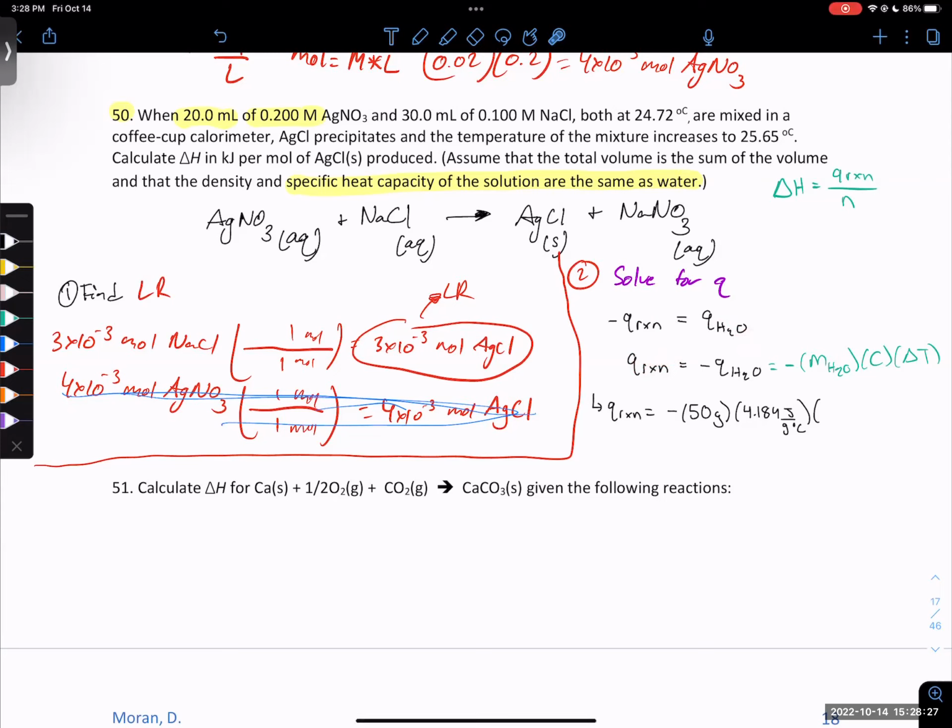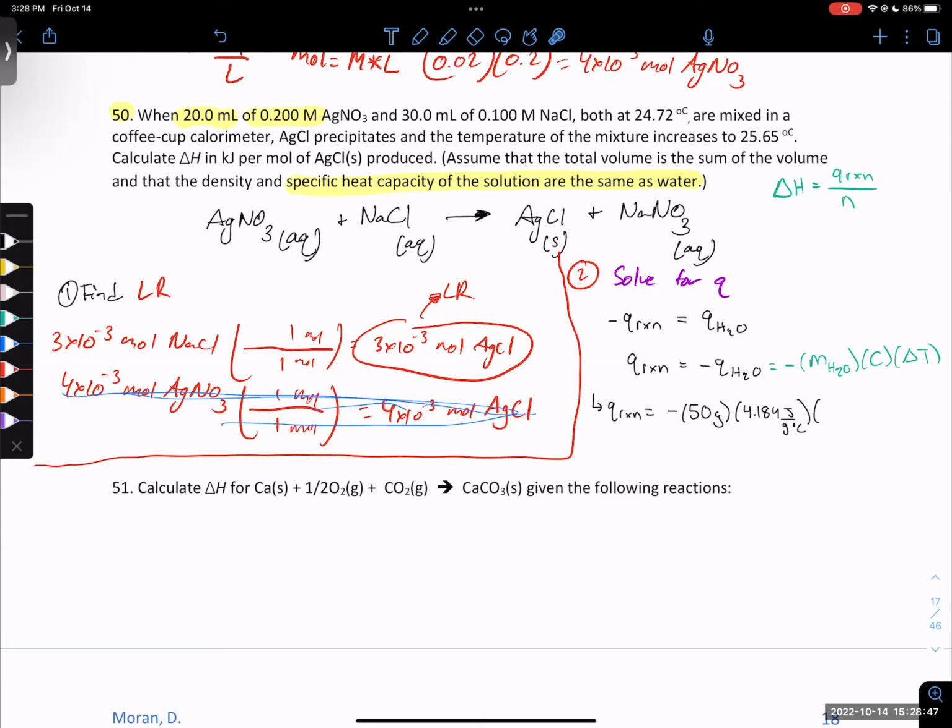Because they are conserving energy, the negative doesn't really matter where it goes. Exactly. And when you move this negative over, it's going to give you a negative number for your final answer, which makes sense, because if the water is gaining energy, that means the reaction is losing energy.